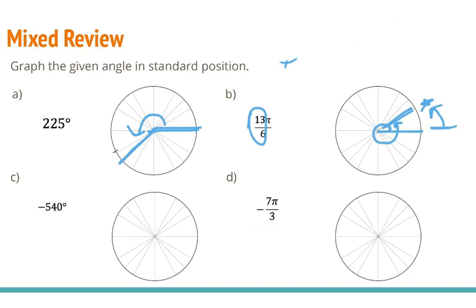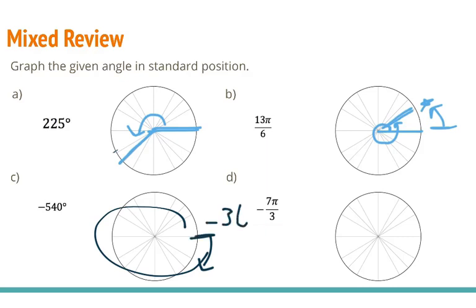Okay, let's look at the next one, which is negative 540 degrees. Okay, so negative means I'm going clockwise. I'm going to start by going down. But if I go all the way around the circle, I'm going to be at negative 360 degrees. So let's just pretend I did that, and I'm right back to where I started, and I'm at negative 360 degrees. So now let's see how much further I have to go. Well, 540 minus 360, the difference between those is 180.